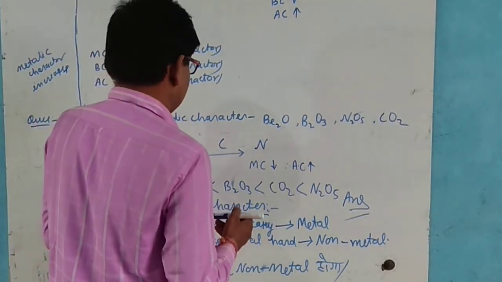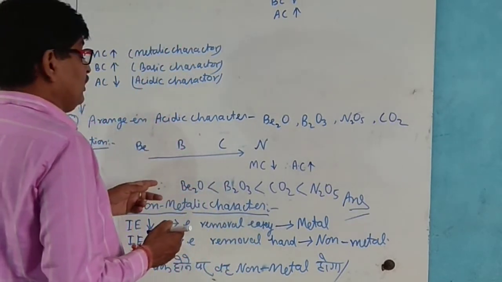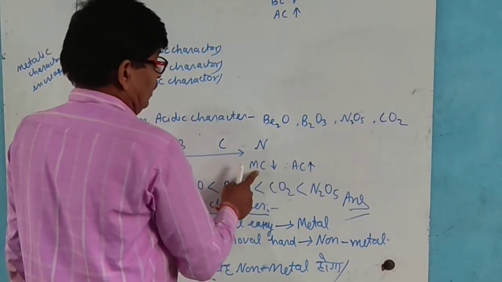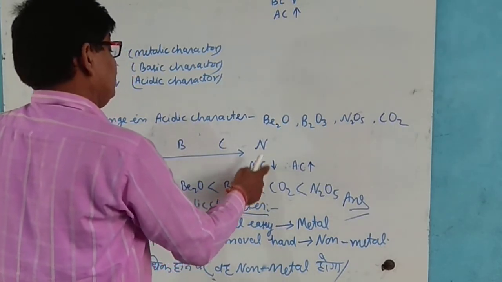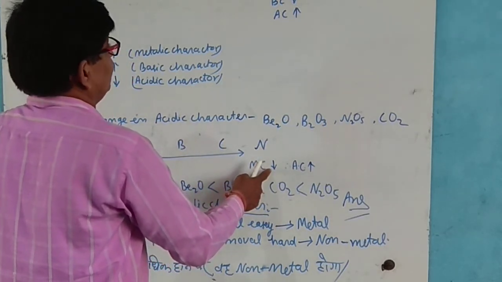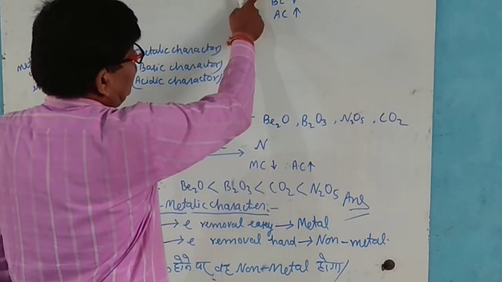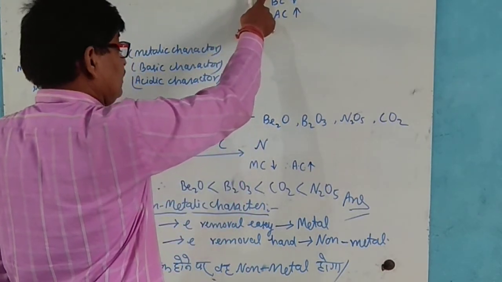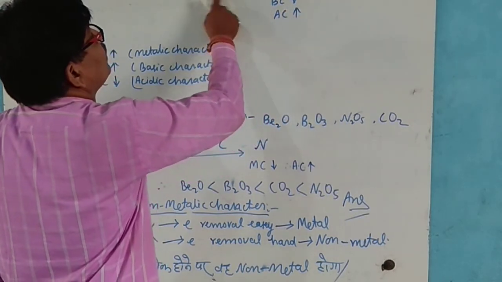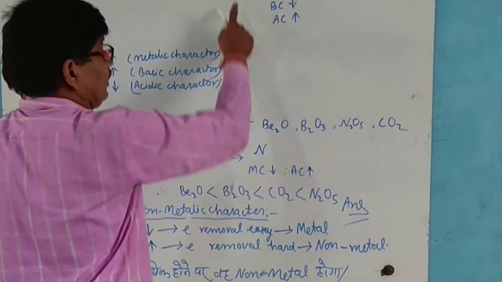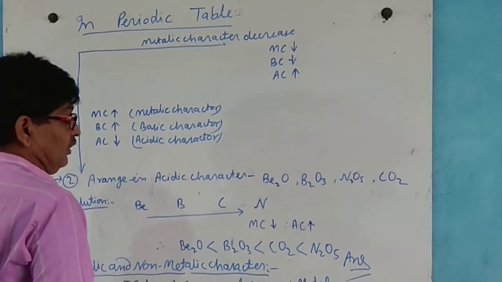In this case, as you see, metallic character decreases, so acidic character increases.